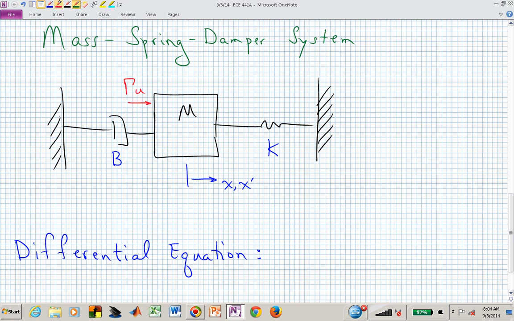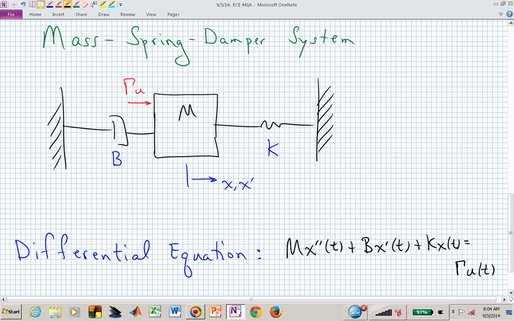We could say that we now have this mass times the acceleration plus b times the velocity plus k times the position is equal to F, the force applying to that mass, but we might be applying a voltage, and then that needs to go through some gain constant, gamma, to deliver the force that we need in that location represented in our block diagram.